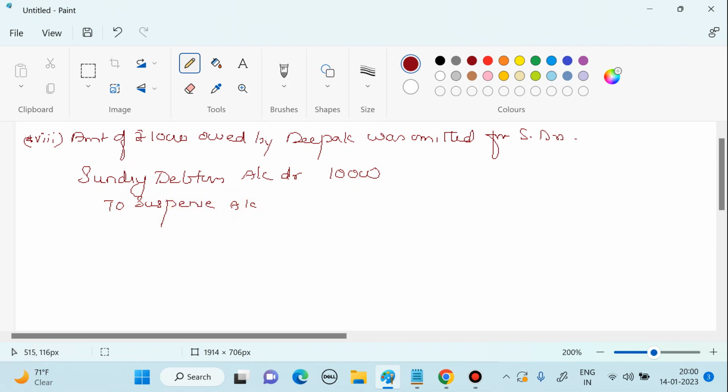Ma'am, so when a creditor owes money to a company, the journal entry is sundry debtors to cash account. Debtors. You said creditors or debtors? They owe money, so they're debtors. They are debtors, correct. If the business owed money to them, then they are our creditors.